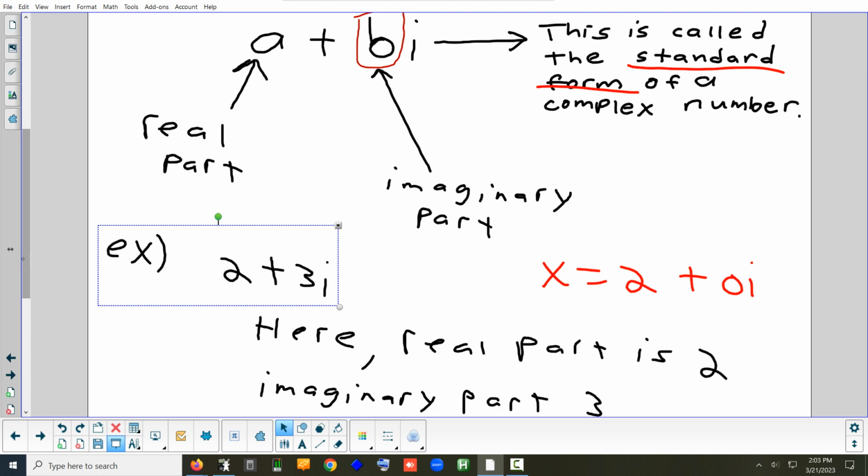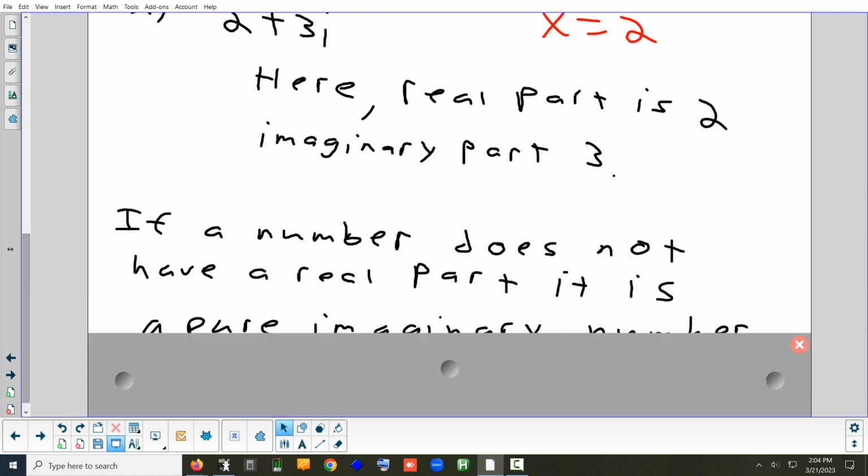Well, we try not to confuse people in Algebra 1 because they're just learning it, so we don't put that the imaginary part is 0, even though that's what it really means. So if one of the parts of your number is 0, usually we just leave it off. We don't write it. But if it's not 0, then yeah, you have to write it. Otherwise, how would somebody know what it is if you don't write it? But if it's not there, you assume it's 0.